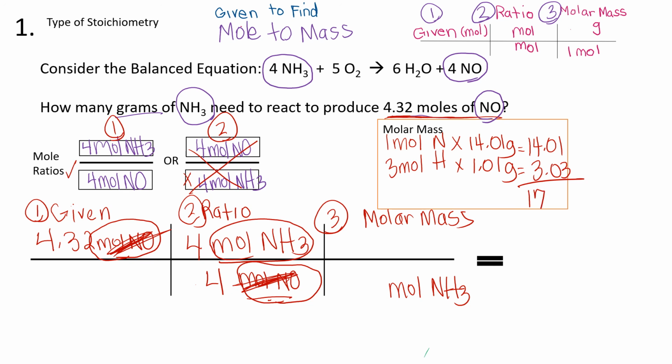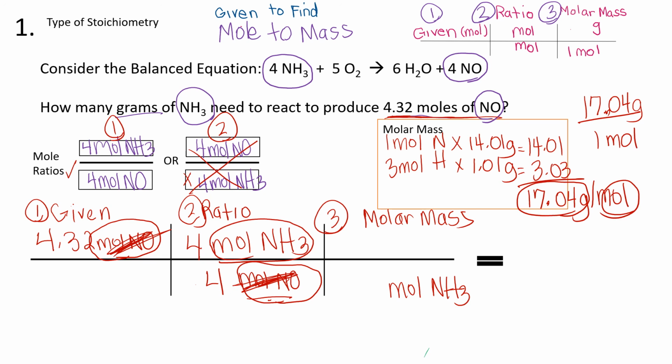So as my molar mass, it's going to be 17.04 grams per mole. And don't forget to divorce your molar mass. You divorce it by putting it separately. You'll put 17.04 grams per every 1 mole of that substance, ammonia.